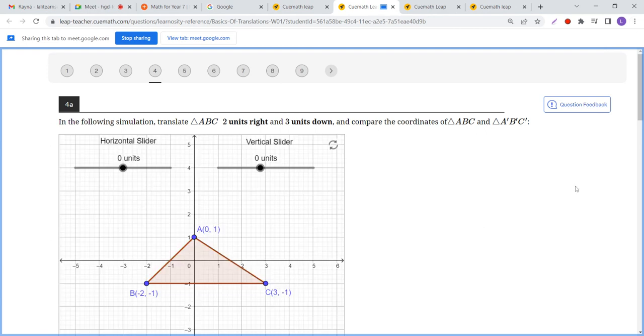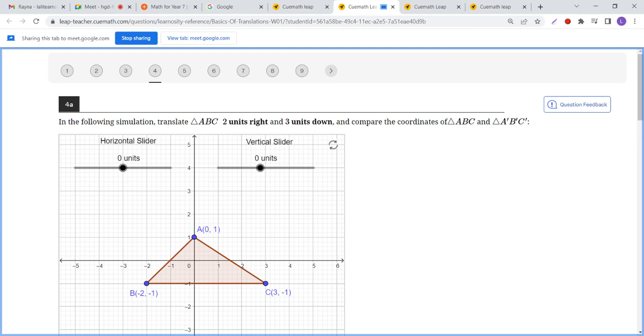Those are the coordinates of triangle ABC. So 0, 1 will now go to 0, 3. And then 3 down will be... oh sorry, no. It will go 2 units to 3, 1. Right, it will go to 3, 1.